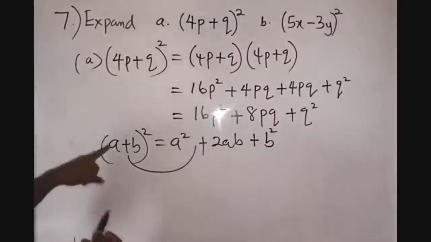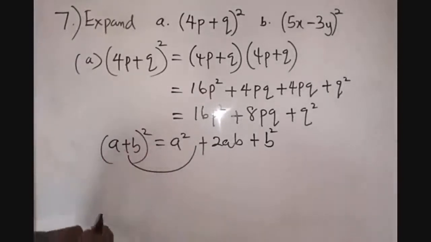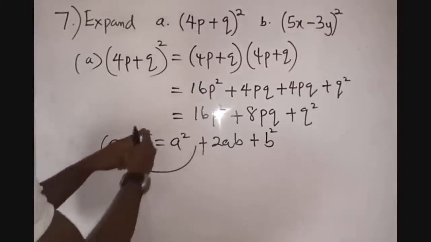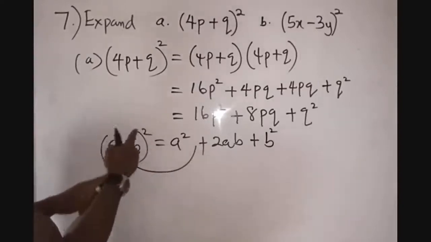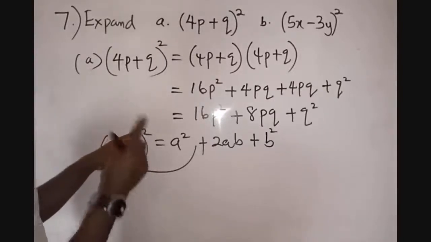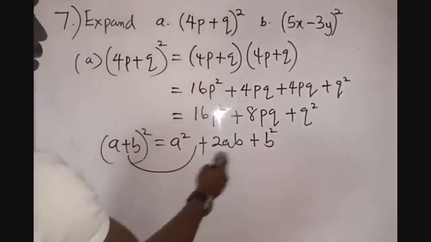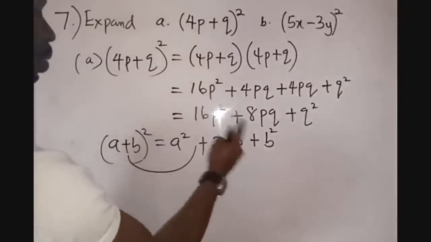If you remember, write the first term, square it, then the sign here will come over here, then take this power. This works for only power of 2, to multiply these terms, and that gives you this. Then the last one is always positive.